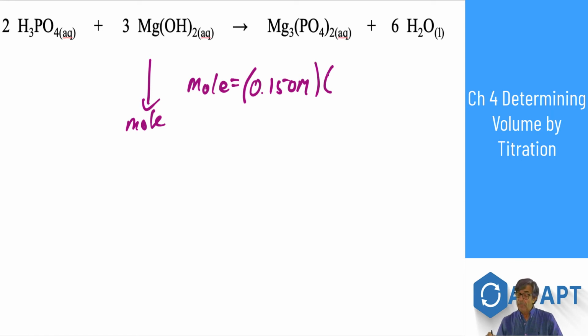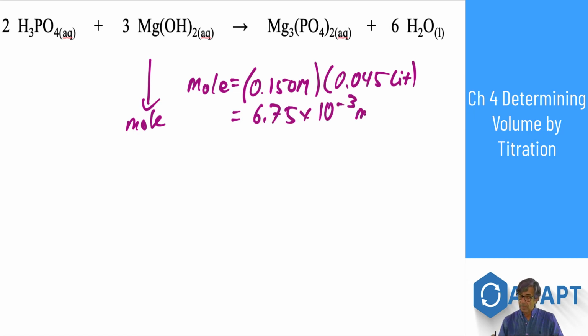We had 45 milliliters, so it would be 0.045 liters. Therefore, the moles of the magnesium hydroxide is 6.75 times 10 to the minus 3 moles.